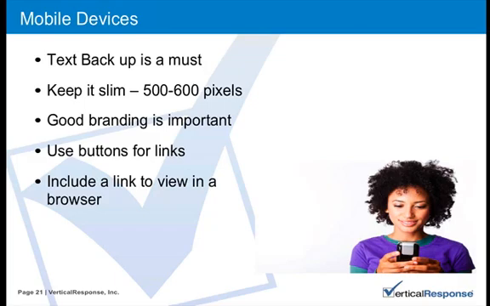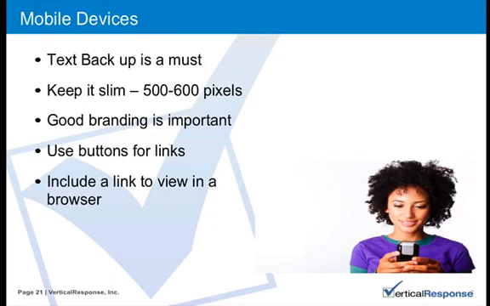This is where your call to action button is going to become really important, because if you think about the space that people have to click on a link in an email, people have fairly large fingers. I have little girl fingers, but even my fingers have a hard time sometimes clicking on links, and if I had bigger manly fingers, it would be almost impossible.